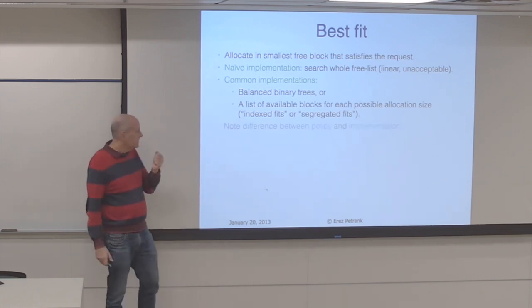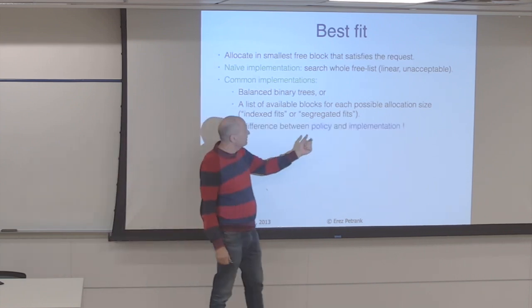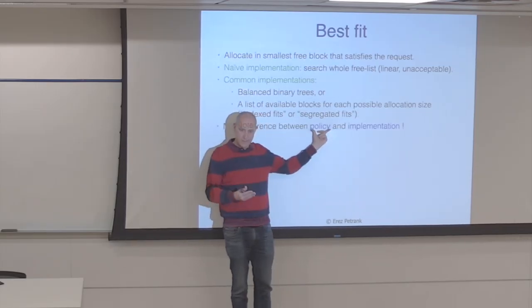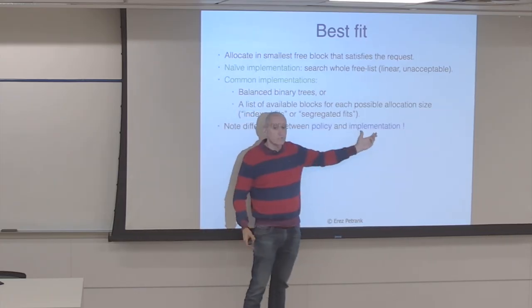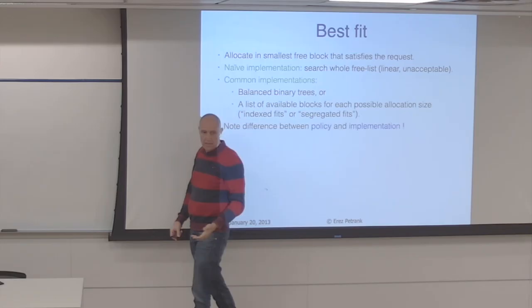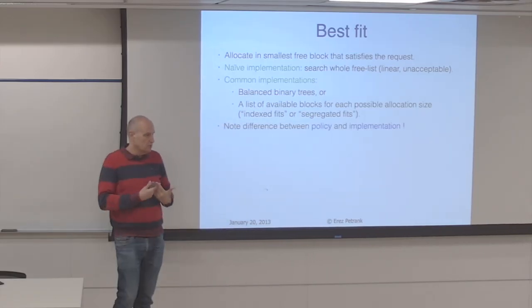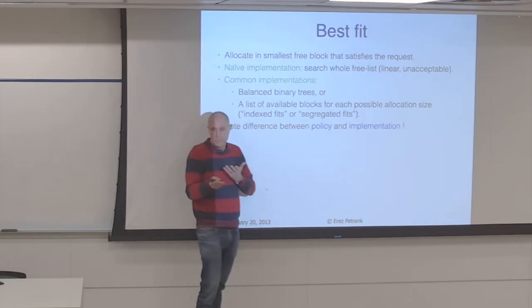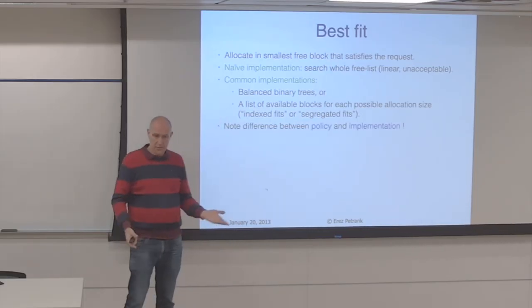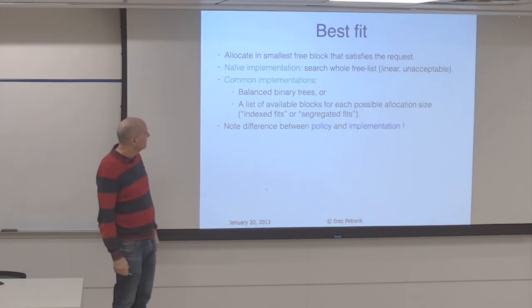But there is a difference between the policy, you say best fit: I want to put it in the smallest space that could fit my object, and saying how you're going to implement the policy. So the policy is not inefficient. Your implementation can be efficient or inefficient, but the policy is just best fit. Implementation could be more or less efficient.